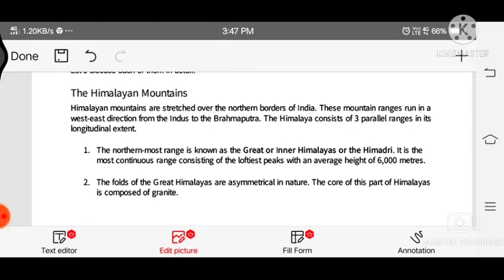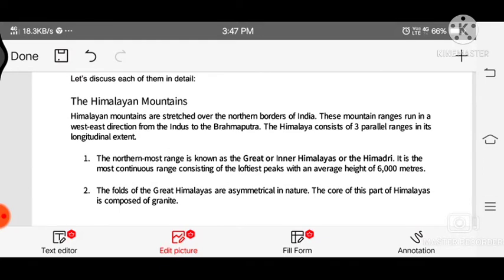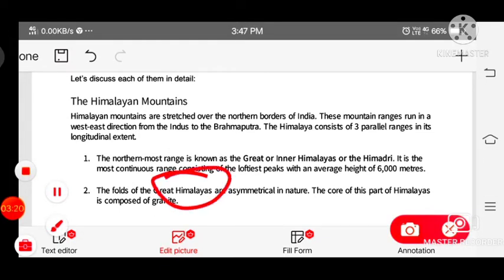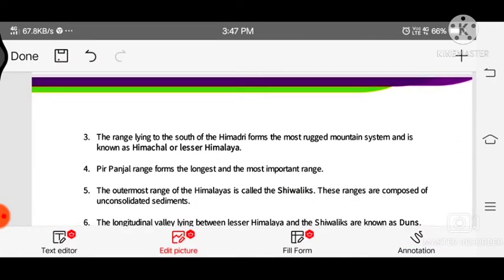The core of this part of the Himalaya is composed of granite.